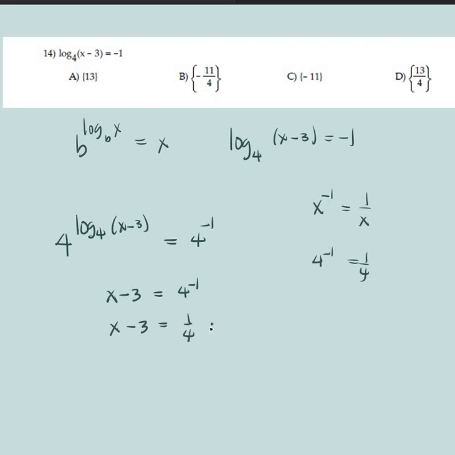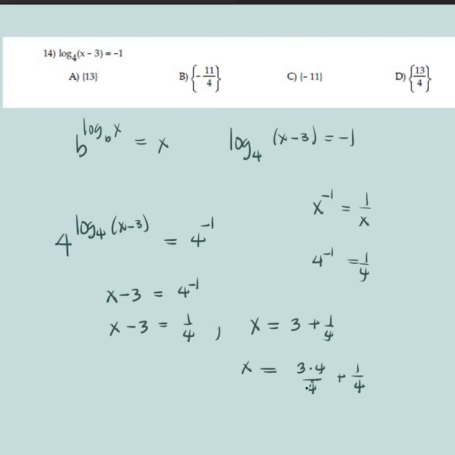We have to send 3 to the other side. So we will get something like this. X is equal to 3 plus 1/4, right? Because when -3 crosses the equal sign, it changes sign. In order to add these two, you have to multiply the 3 top and bottom by 4, because that way you will have the same denominator, and you can add this number plus 1/4, right?